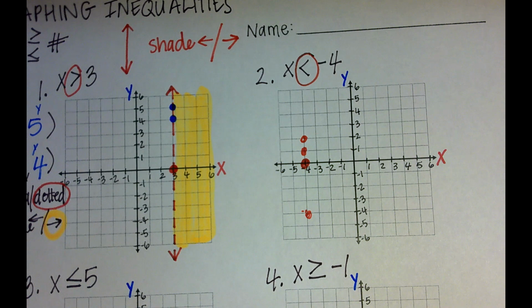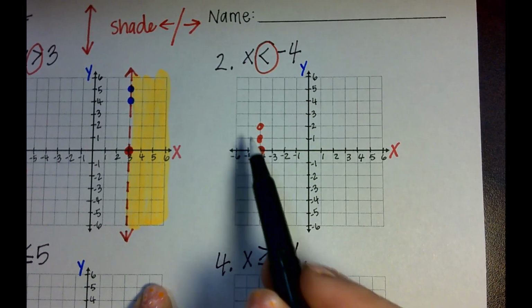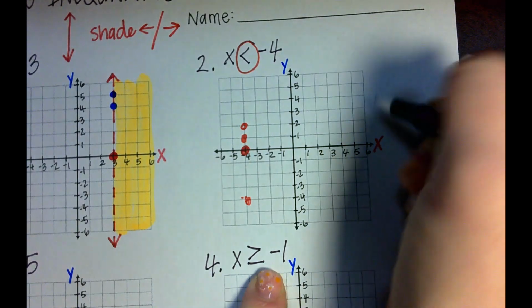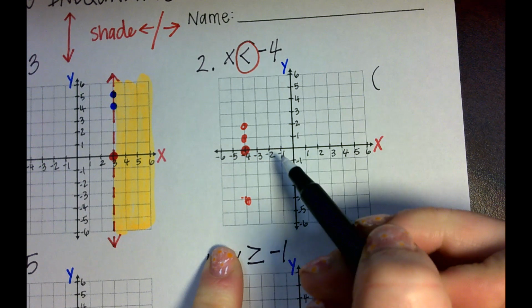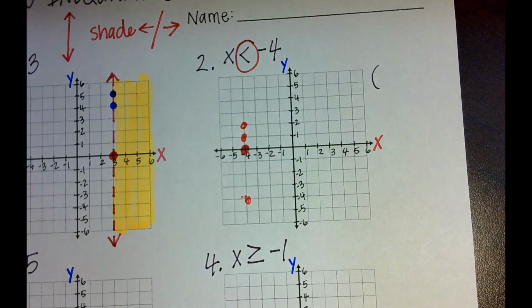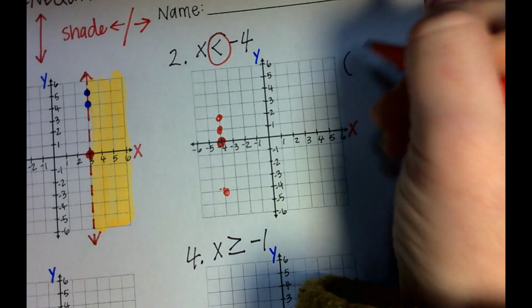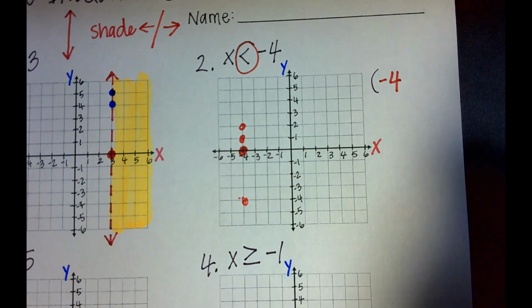But if I did want to write coordinates, I'll go ahead and just label some of the ones that I wrote. I know my x is always negative 4, so I'm going to start with that.